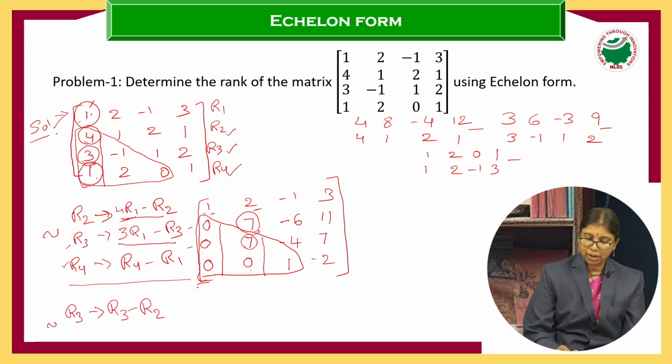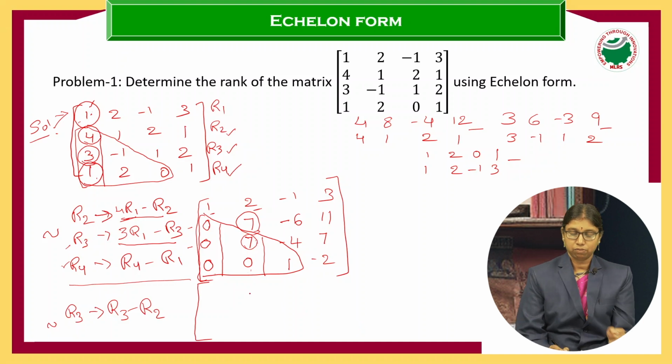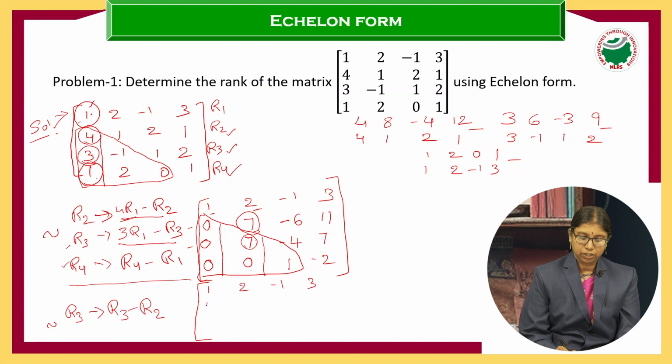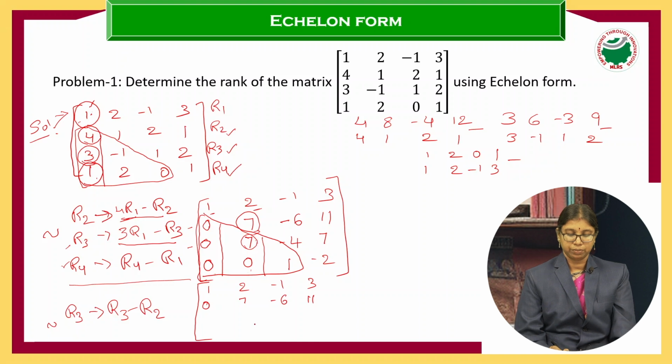Then what about your new matrix? In this step, we are not changing the first row, second row and fourth row. So first you write down the rows which are not changed. Those are 1, 2, minus 1, 3. We are not changing the second row also, 0, 7, minus 6, 11. And we are not changing the fourth row also. So first take the row operation for R3.